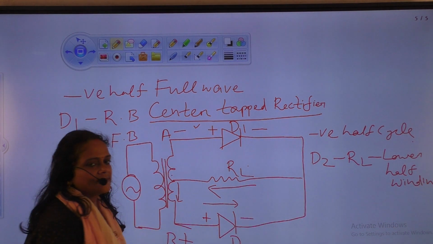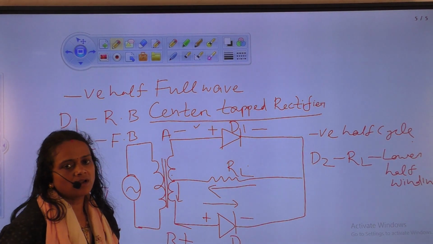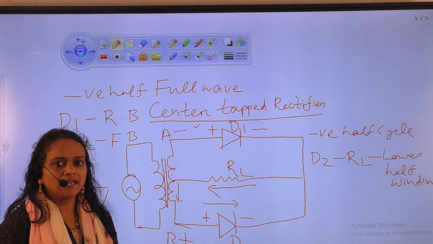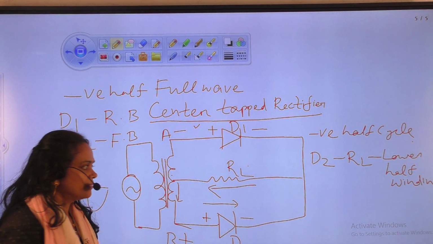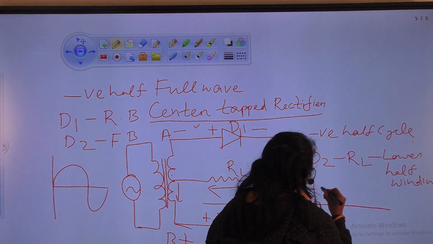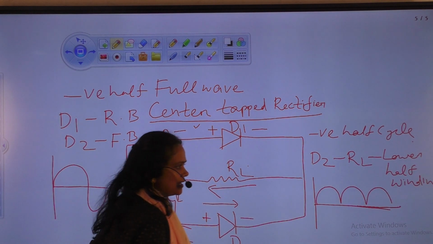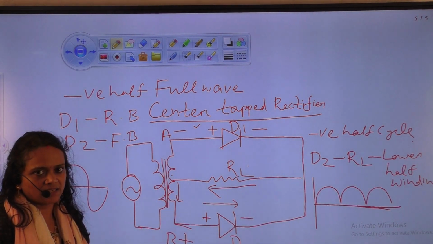In both the cases, we can observe that through load, current flows in same direction. That's why we get waveform like this.